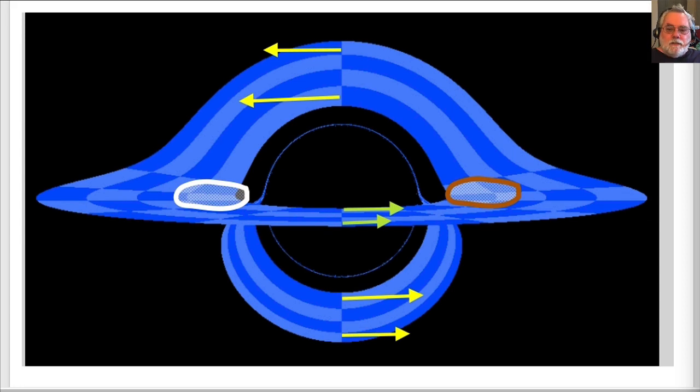Let's take the accretion disk to be rotating left to right in the foreground, in front of the black hole. I place the two green arrows here and here to represent that the velocity of the inner ring at the ISCO is higher than for the slightly further ring.